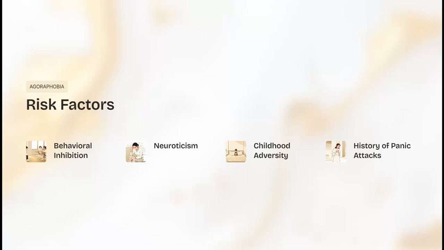It increases vulnerability to anxiety disorders like agoraphobia. Exposure to adverse childhood events, some type of trauma, neglect, or loss can sensitize the threat detection system, and that increases the lifetime risk of avoidance-based disorders. And of course, a history of panic attacks, even if not meeting full panic disorder criteria, increases the risk of developing agoraphobia avoidance as a protective strategy.